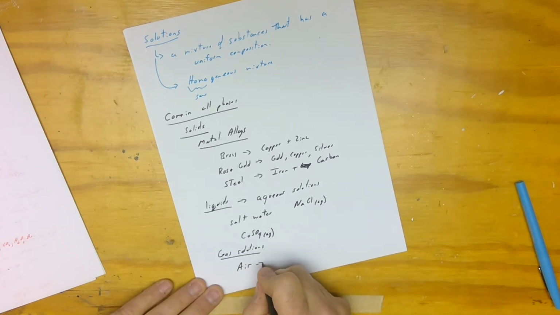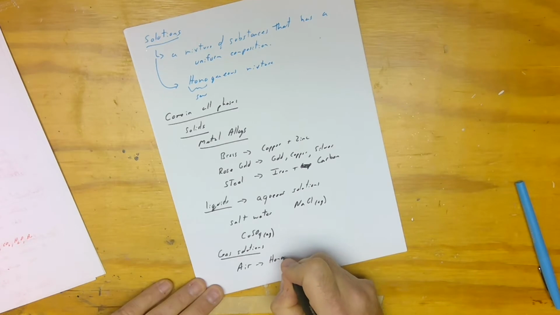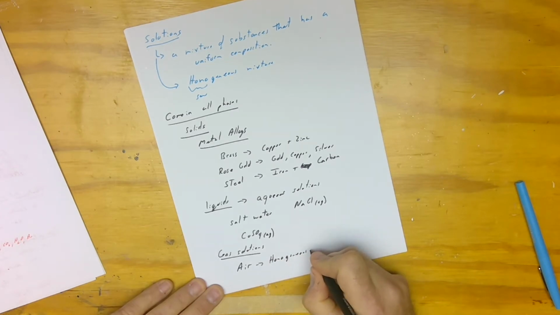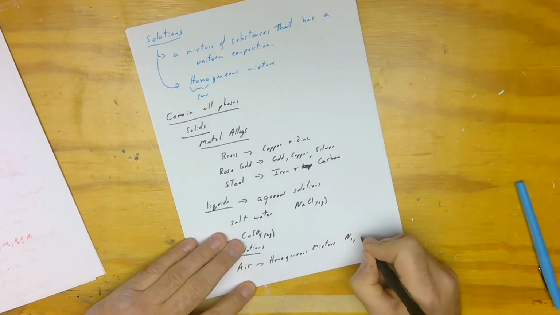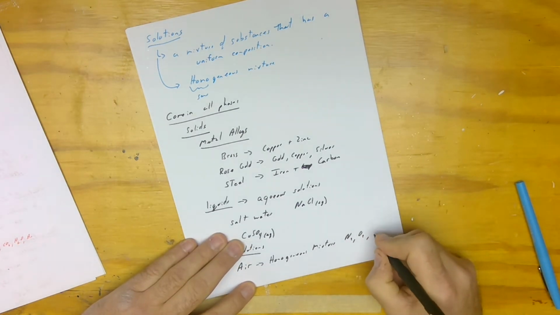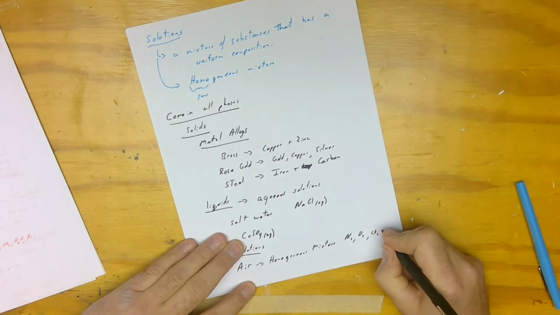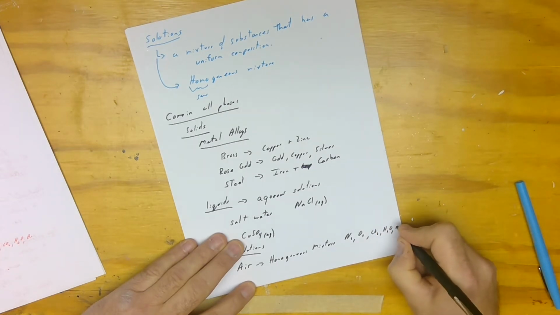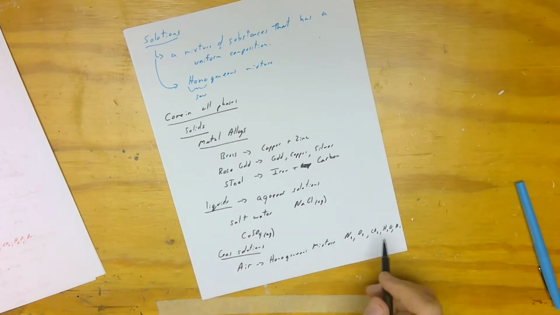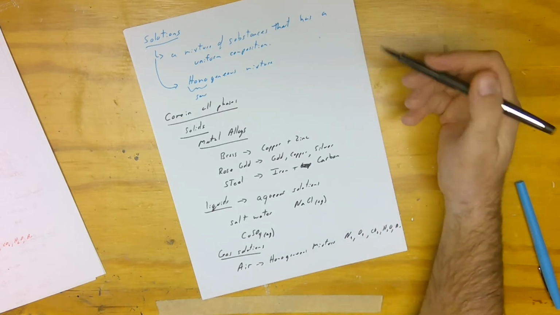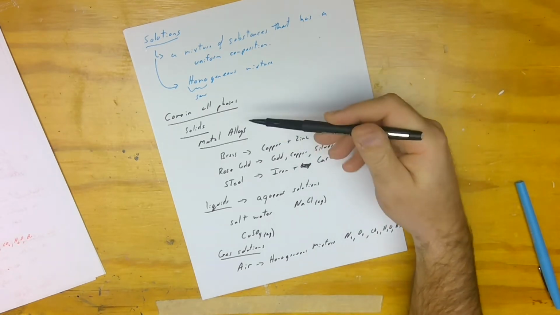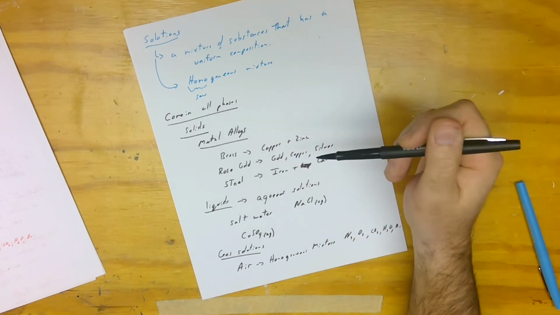This is a homogeneous mixture of mostly nitrogen and oxygen, a little CO2, a little H2O, a little bit of argon. So our atmosphere, or air, is an example of a gas solution. Just don't get caught in the idea that solutions are just liquids, because they come in all three phases.